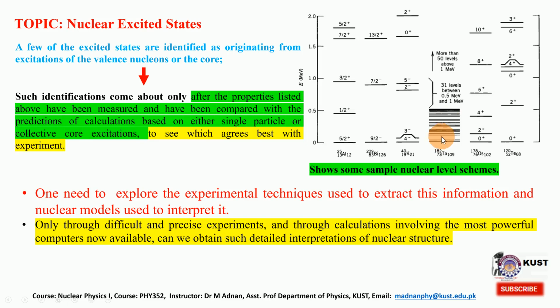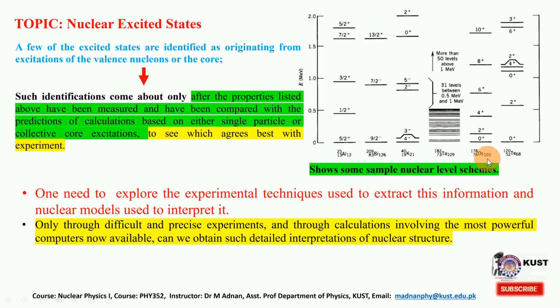For example, between the energy 0.5 mega electron volt to 1 mega electron volt, there are around 31 energy levels, and also there are more than 50 levels above 1 mega electron volt. So these are the various excited states, and they can be produced by giving energy to the nucleus.